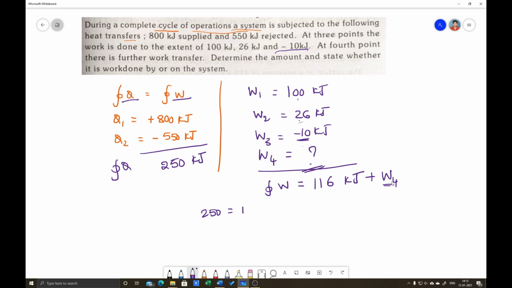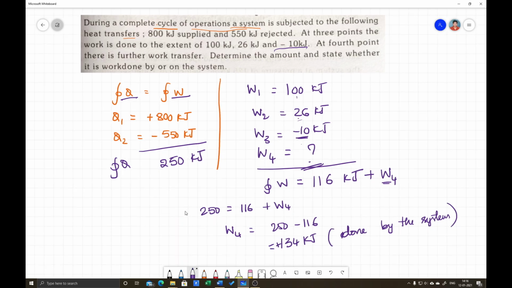That means 250 is equal to 116 plus W4. So W4 will be equal to 250 minus 116, which is 134 kilojoules. We are getting it as positive, so work is done by the system. This is a sample problem related to first law applied to a cyclic process.